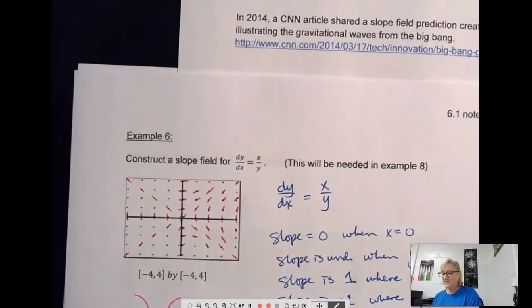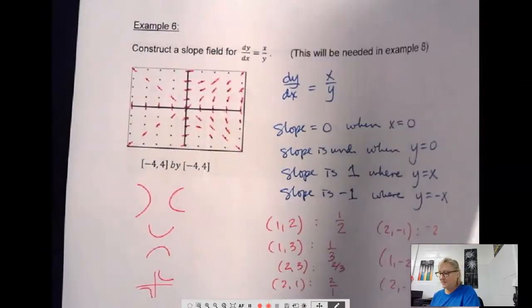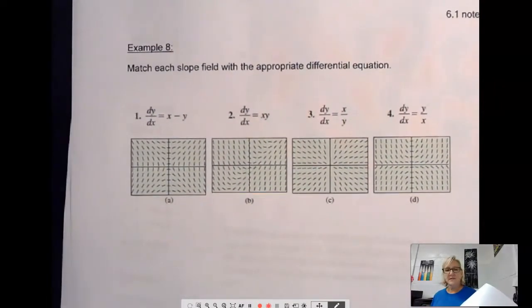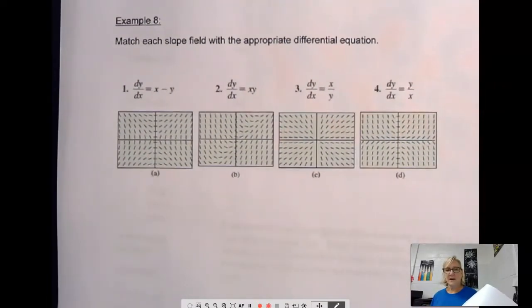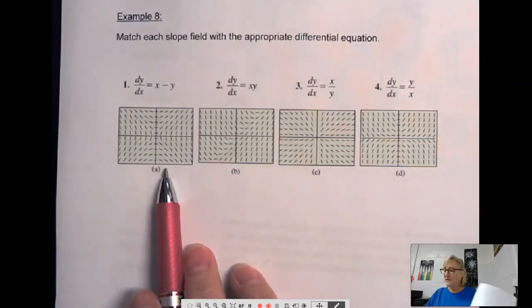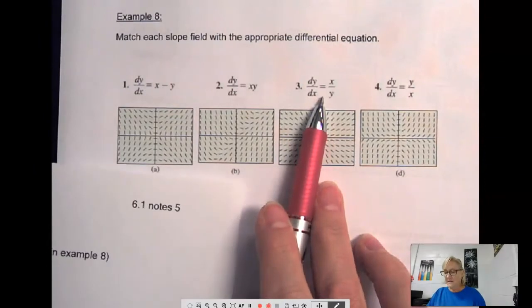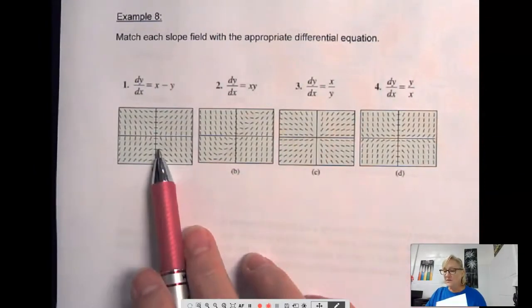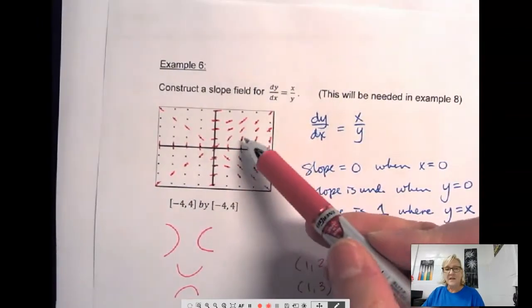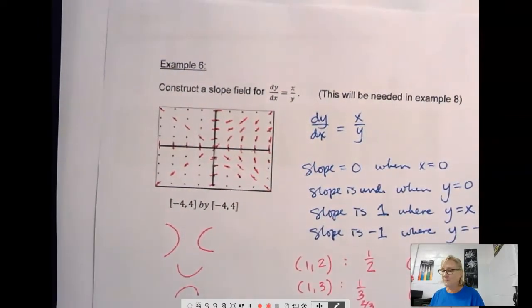When we get to example 8, it's a matching problem. So just looking at what I see here and what we already found, I'd say that when we have to find this slope field, it's going to be that one because we were already sort of seeing that come through.